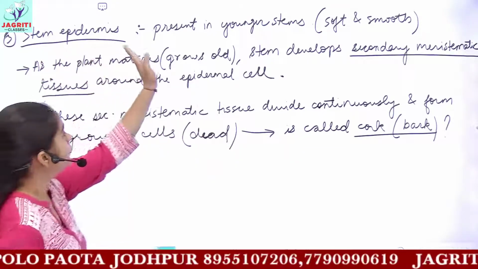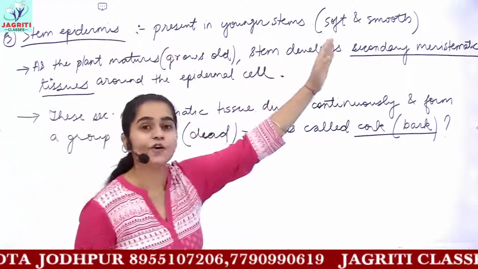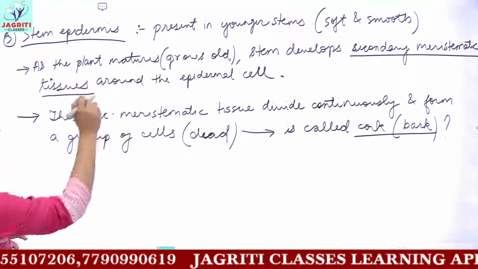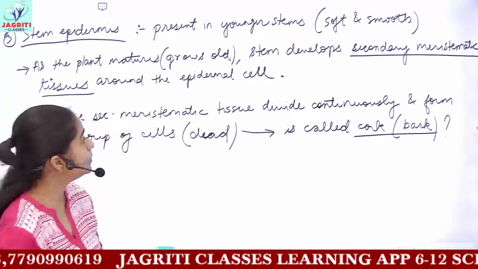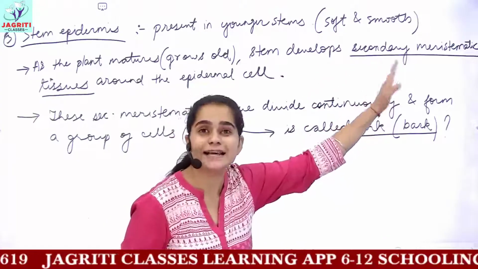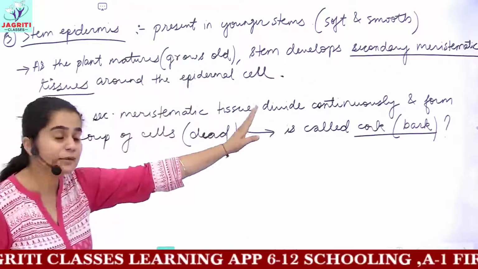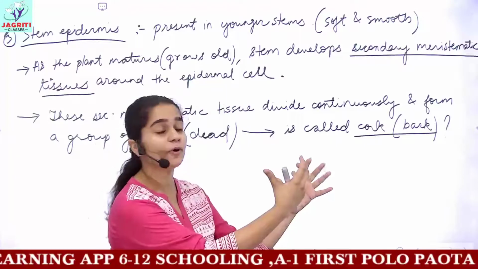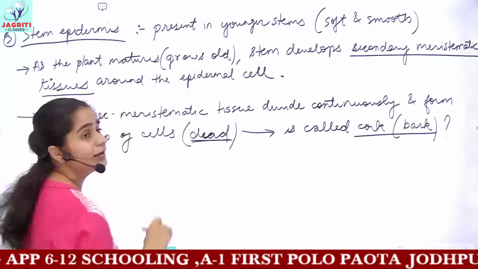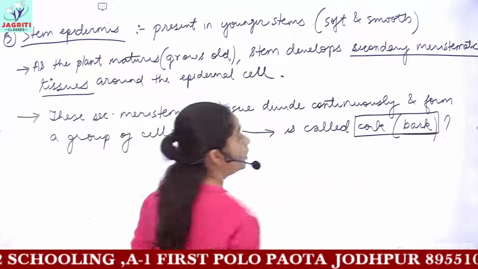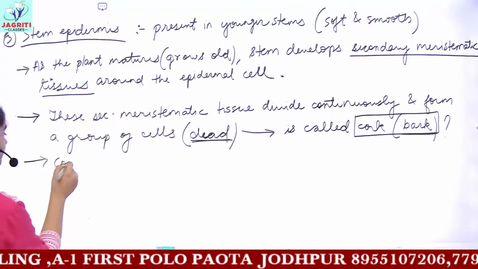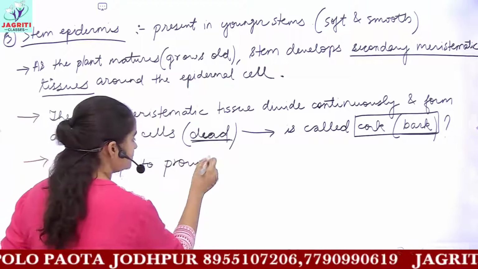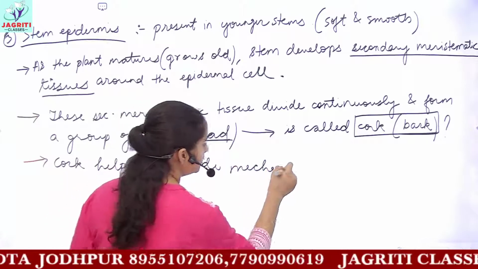That is, we know that in younger stems which are green, soft and smooth, you have your epidermis, which is soft in nature. But as the plant matures, that is, as the plant grows older with time, the stem develops a new tissue called secondary meristematic tissue around these epidermal cells. As a result, the secondary meristematic tissue divides continuously and forms a group of cells, and these cells are dead in nature. These are known as cork or bark. And the function of cork is to provide mechanical strength to the plant.